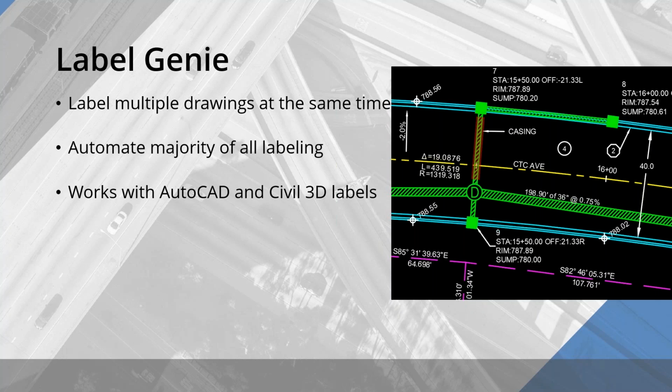It's Civil 3D labels like segment labels, spot elevation labels, station offset labels. It works with your standards, meaning it just reads your Civil 3D styles, your AutoCAD layers, whatever it might be. It's working with your standards.